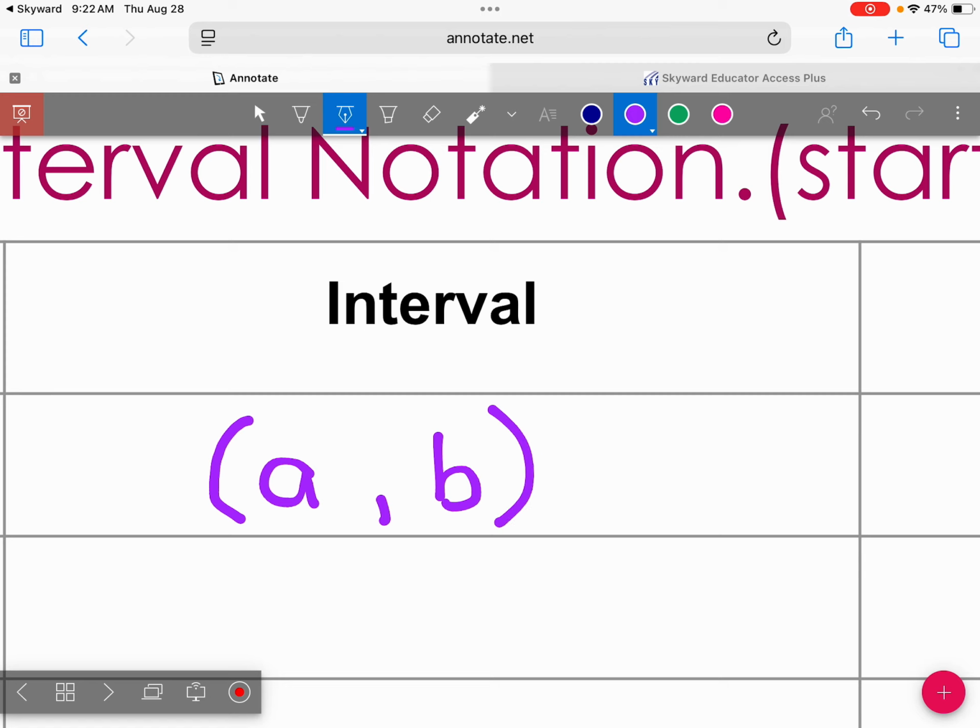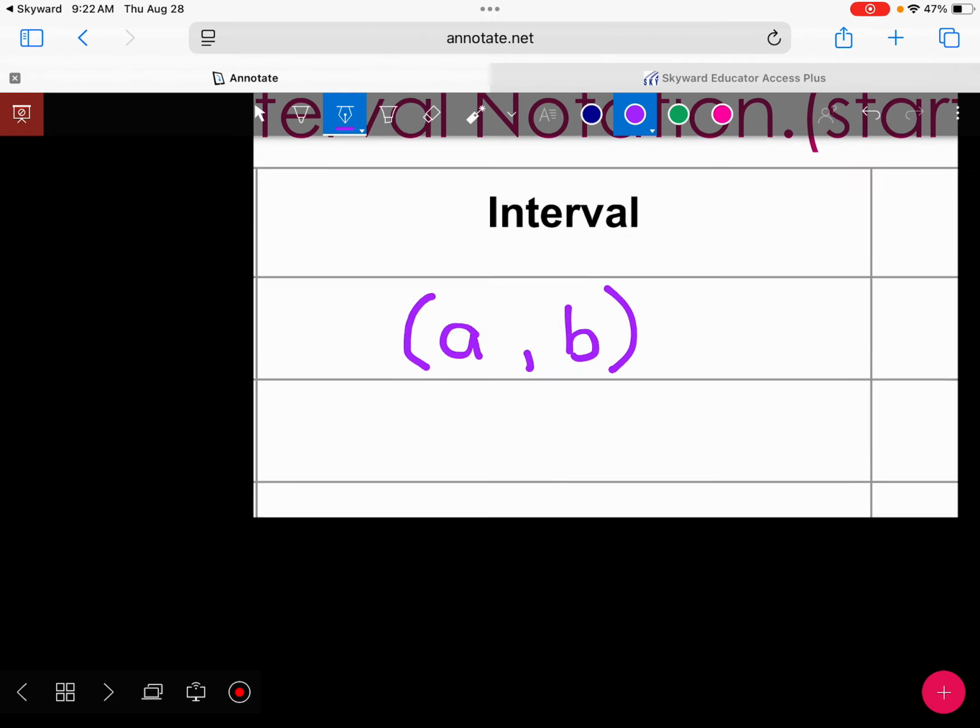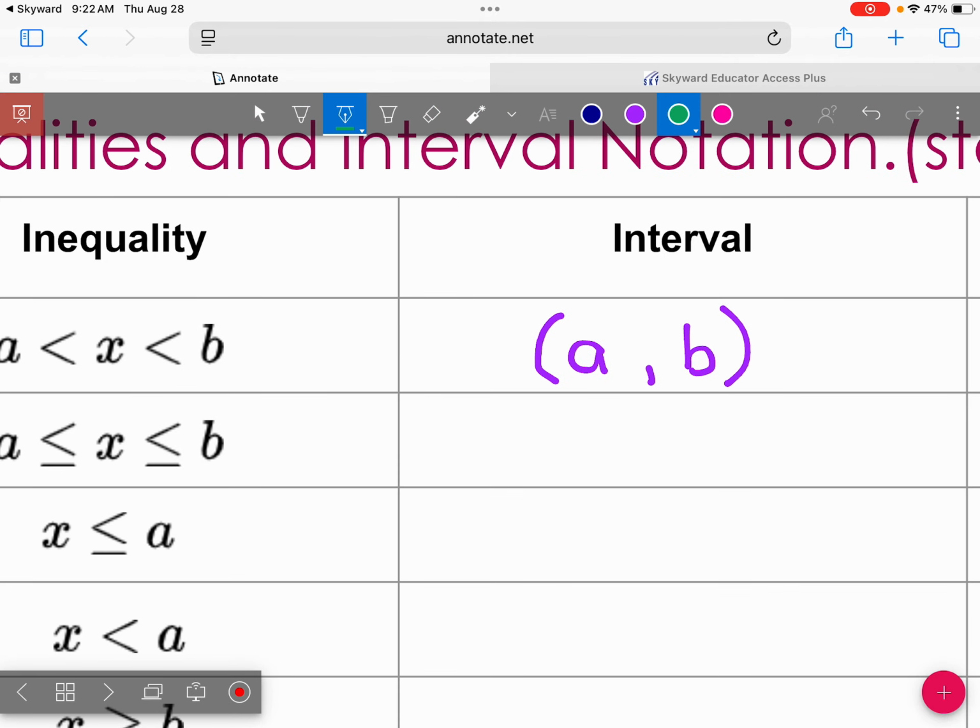We use parentheses when it's not equal to. The only difference between the first one and the second one is that it has these equal to's. I've got a is less than or equal to x, which is less than or equal to b. In that case, we're going to use those square brackets. And yes, I will be petty about which one you use.